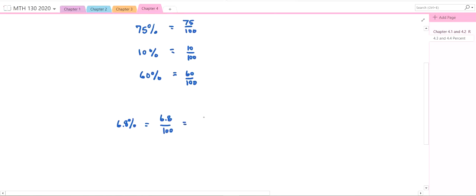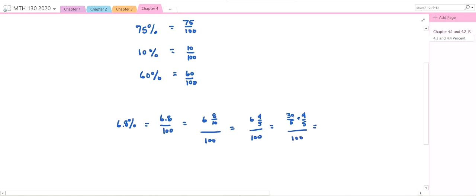That equals 6, and let's convert this to a fraction. 6 8/10 divided by 100 is, let's do this as 6 4/5 divided by 100 equals 30/5 plus 4/5 divided by 100.